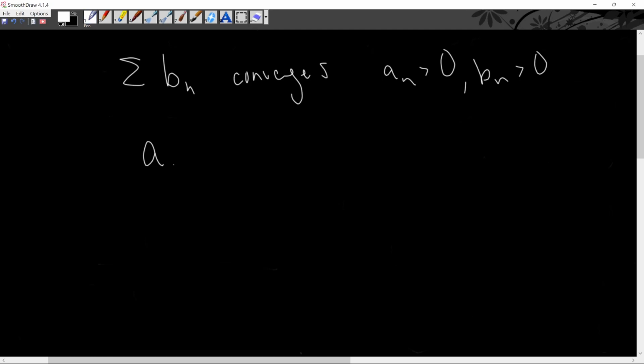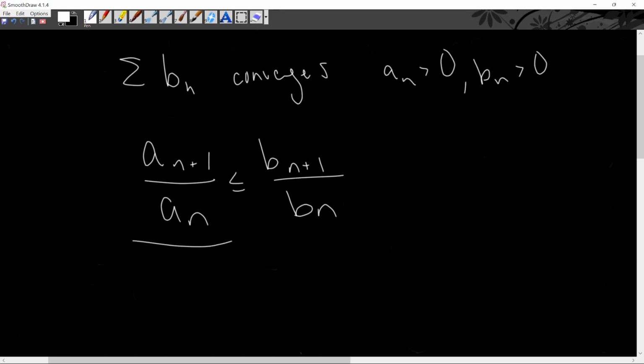And a sub n plus 1 over a sub n is less than or equal to b sub n plus 1 over b sub n for all n, then this converges. This is a bit of a combination of our ratio test and our direct comparison test, but let's think about what's happening here for just a second. If you have b sub n plus 1, we acknowledge that b sub n converges, right?